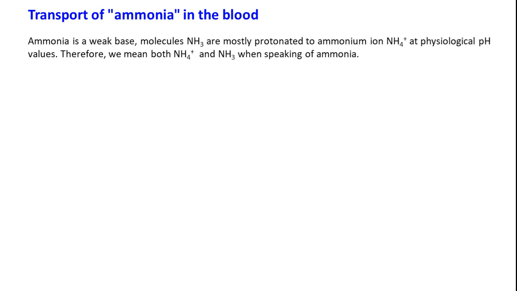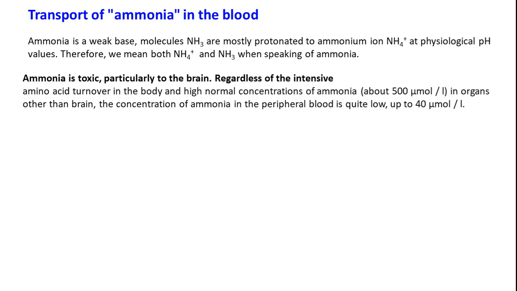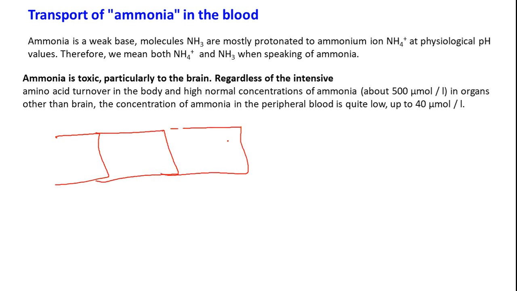Transport of ammonia in the blood is a very important topic because ammonia is toxic. The problem with ammonia is that it is a gas, so it can diffuse through the cells.